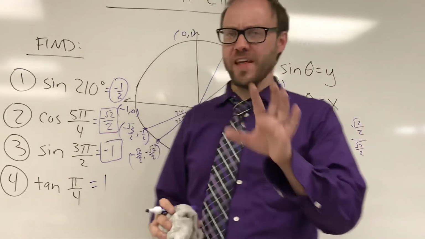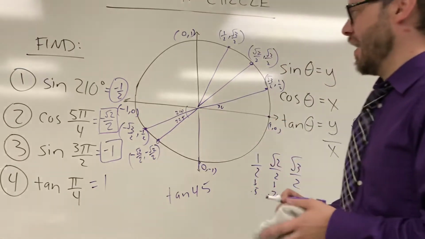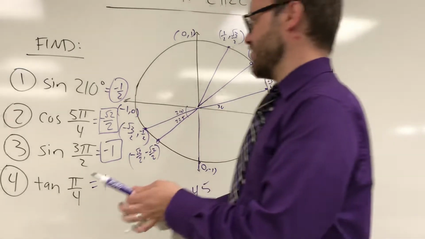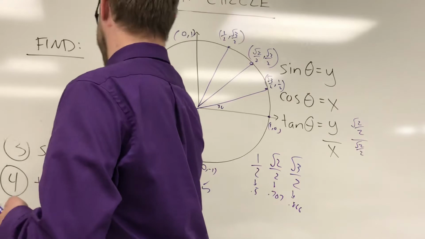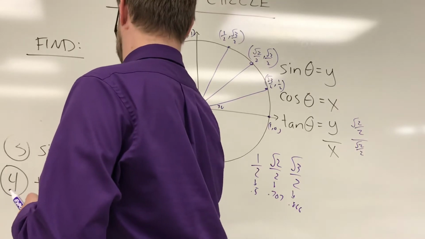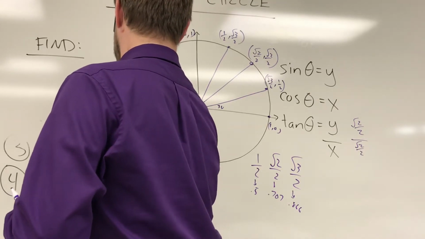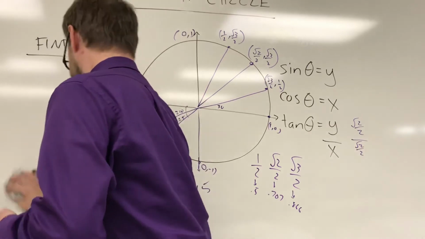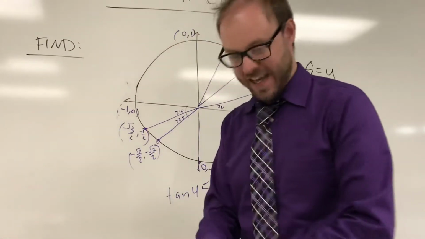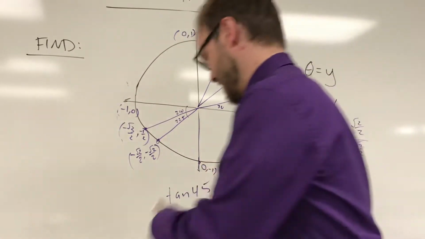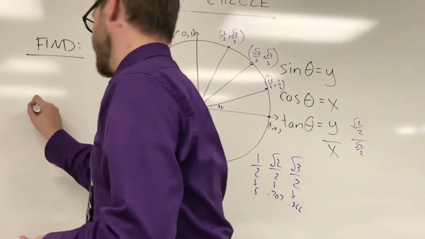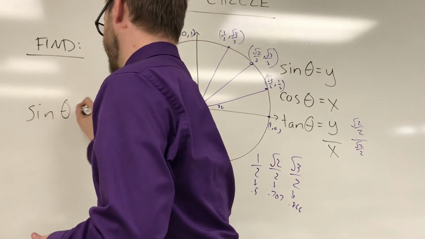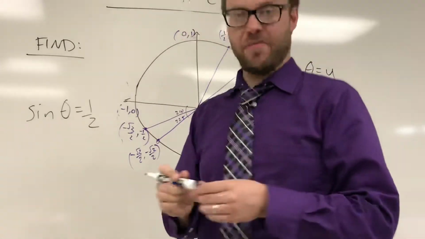By the way, one other thing that's useful about the unit circle: I could also ask you to find angles that have certain trig values. So for example, I could ask you to find any angle theta so that sine of theta is, let's say, a half, okay?